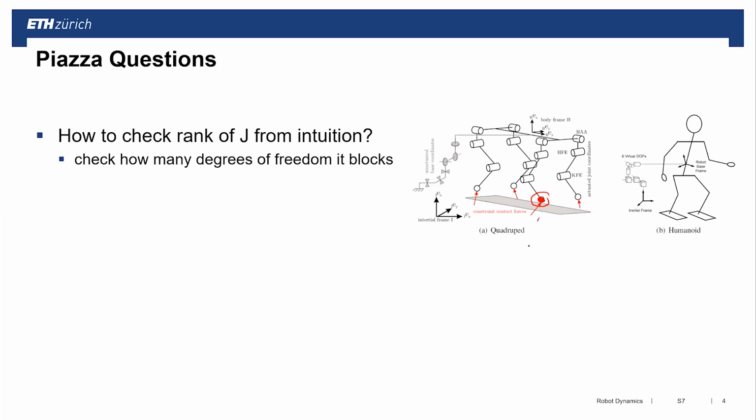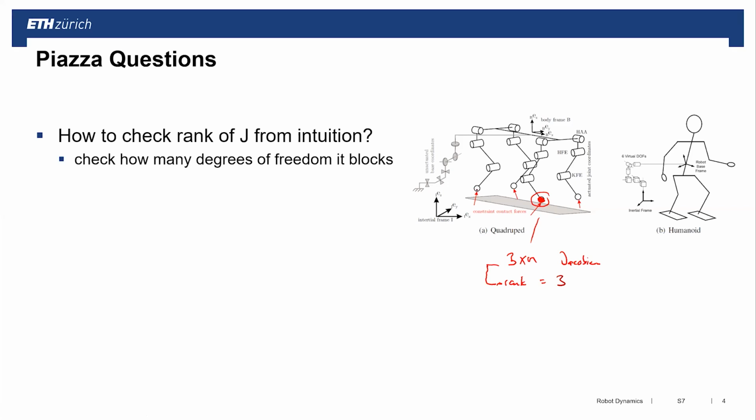So we have here a 3 times n Jacobian. And the rank of this one must be, sorry, of course, 3.